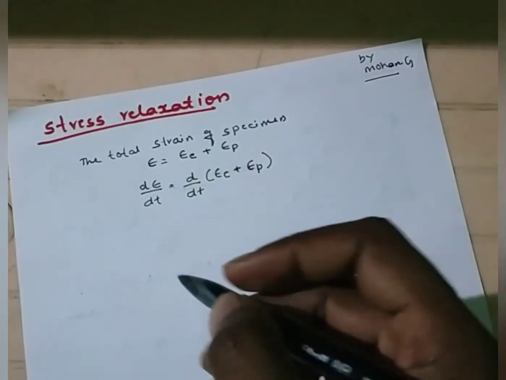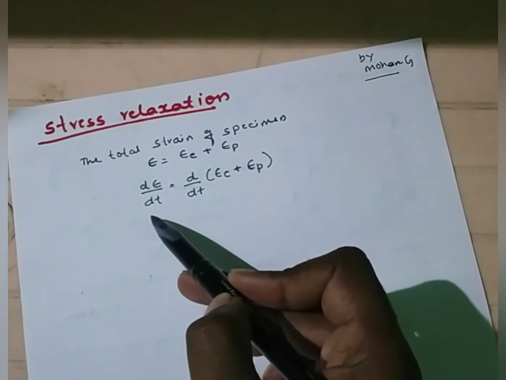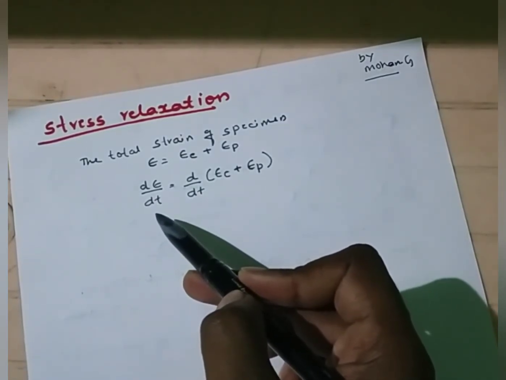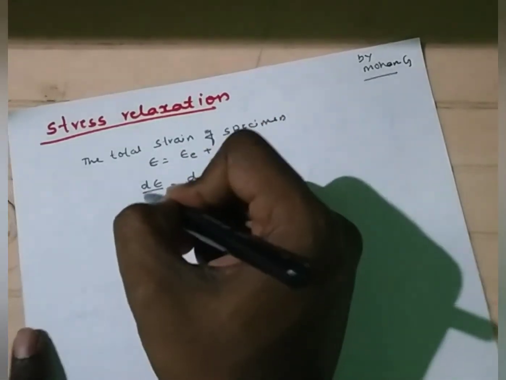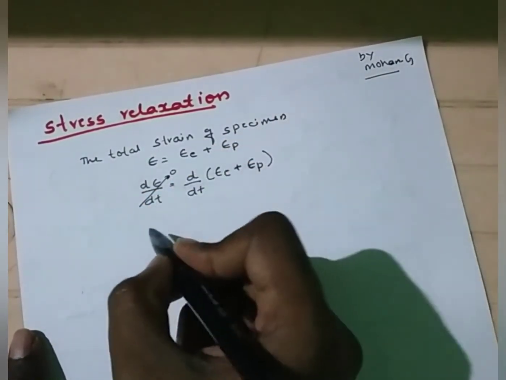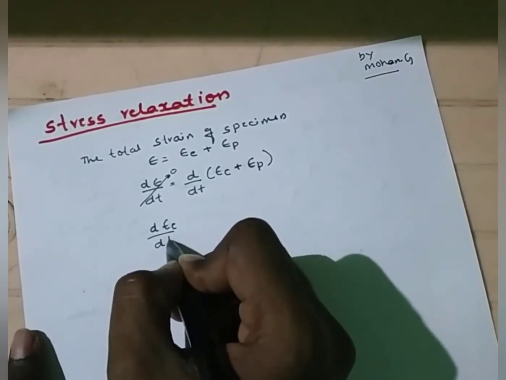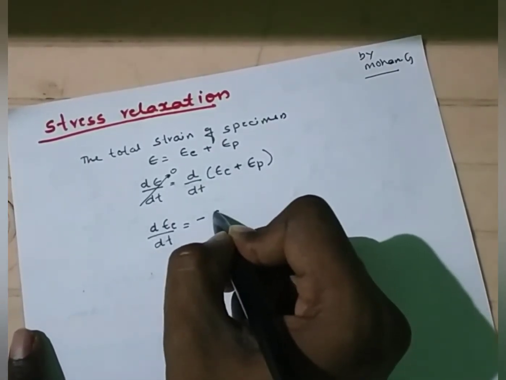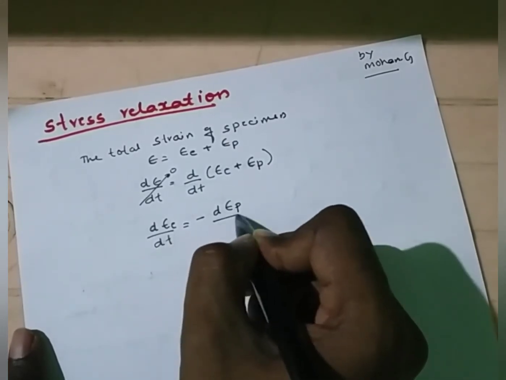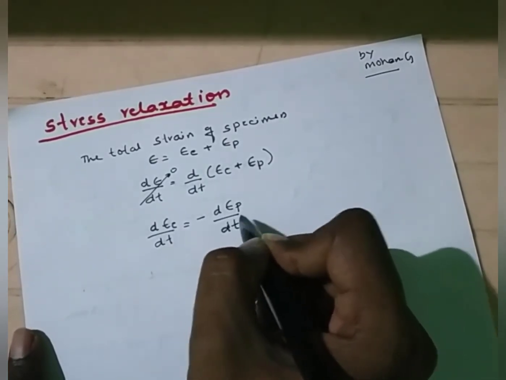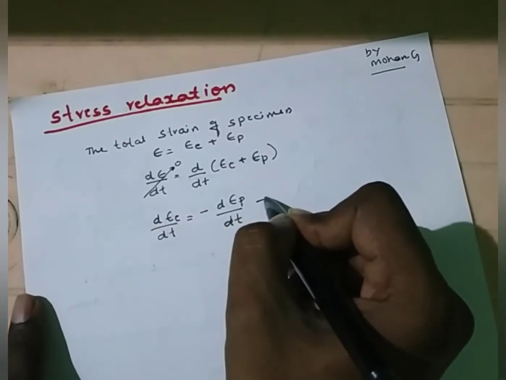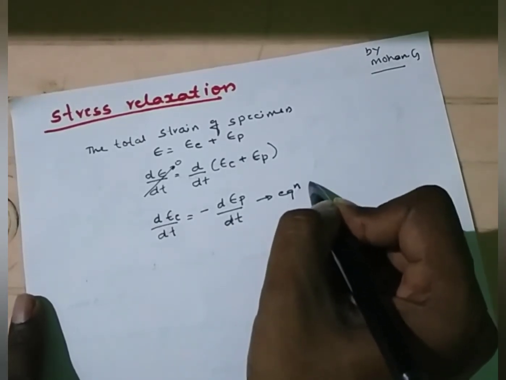Since the total strain does not change with respect to time, the differentiation of epsilon naught with respect to time will be 0. We'll get d epsilon naught e by dt is equal to minus d epsilon naught p by dt. I'm going to take this as equation number 1.